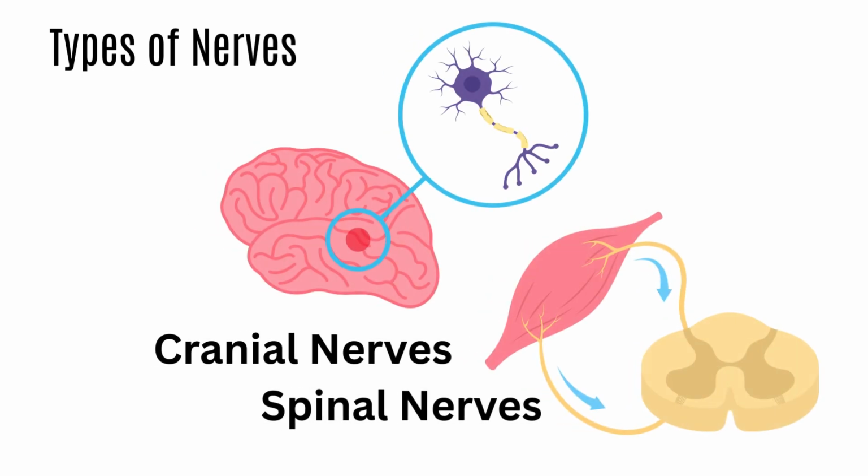Now let's take a look at the types of nerves in the peripheral nervous system. There are two types of peripheral nerves. These are the spinal nerves and the cranial nerves. As the name suggests, the spinal nerves are the nerves which are connected to the spinal cord. The spinal nerves serve as the receptors and effectors in other body parts.